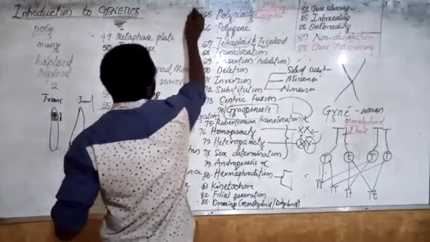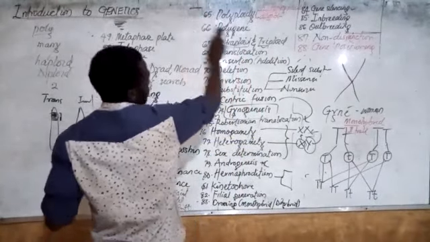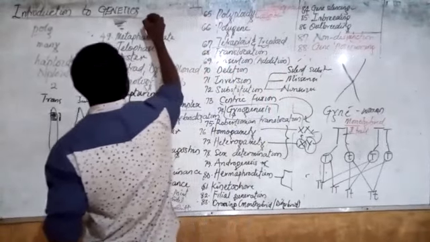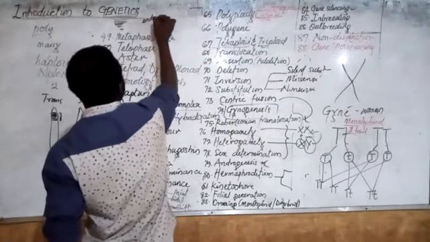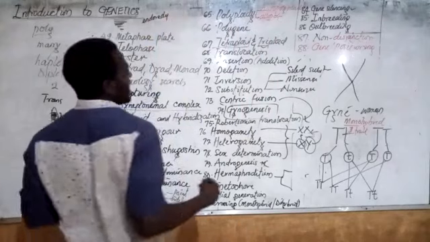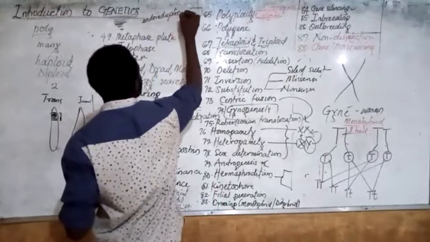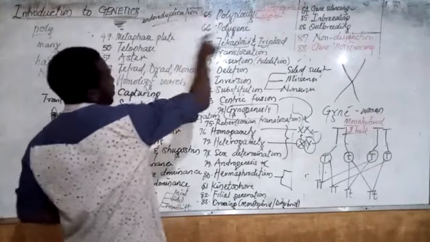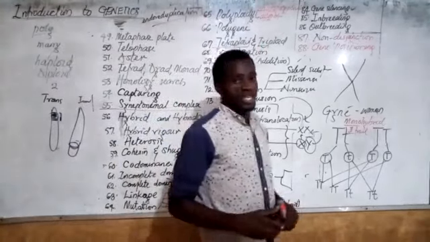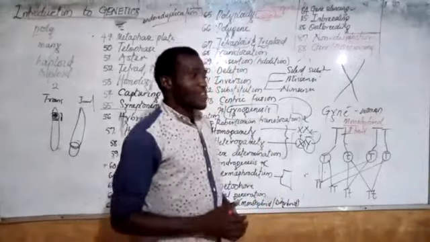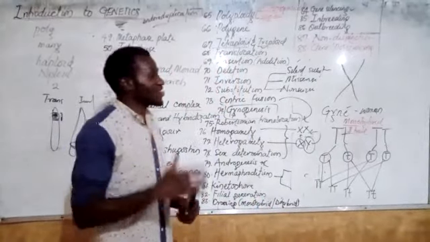So the two things I said give rise to it are non-disjunction and endoreduplication. So endoreduplication and non-disjunction give rise to that.